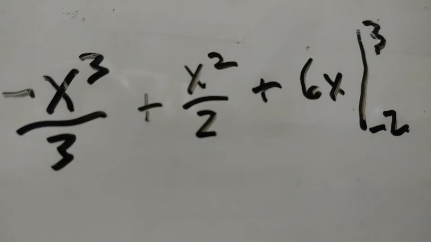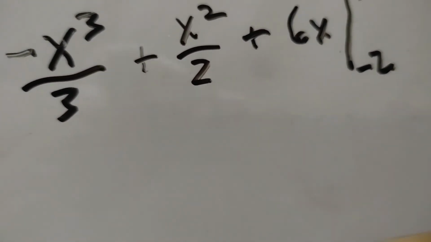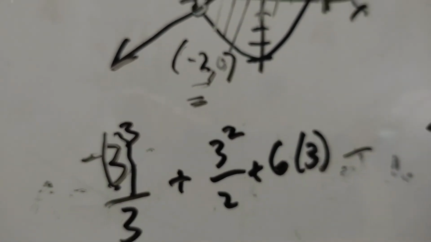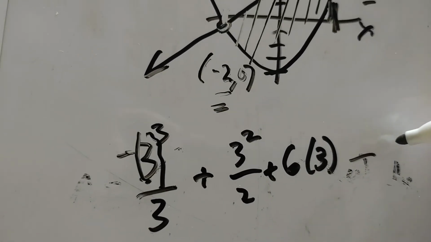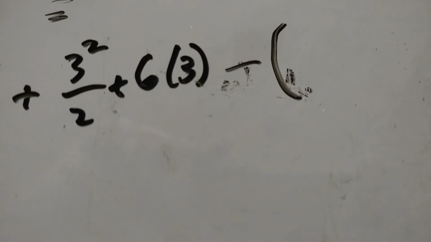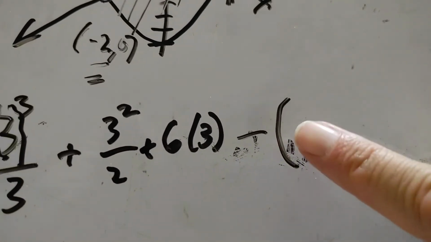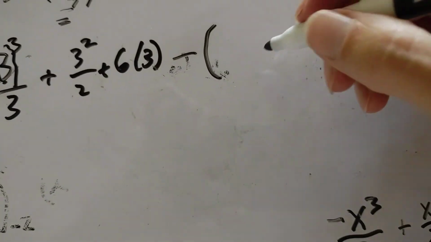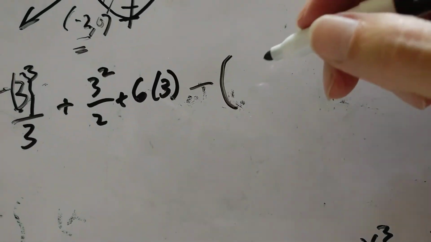So we just input the 3, and now we're going to go minus, and now input negative 2's everywhere. So minus, and then, let's see, I'm going to write minus the expression. So since we have an expression coming up, use parentheses, minus the expression, and now here we go, I'm inputting a negative 2.